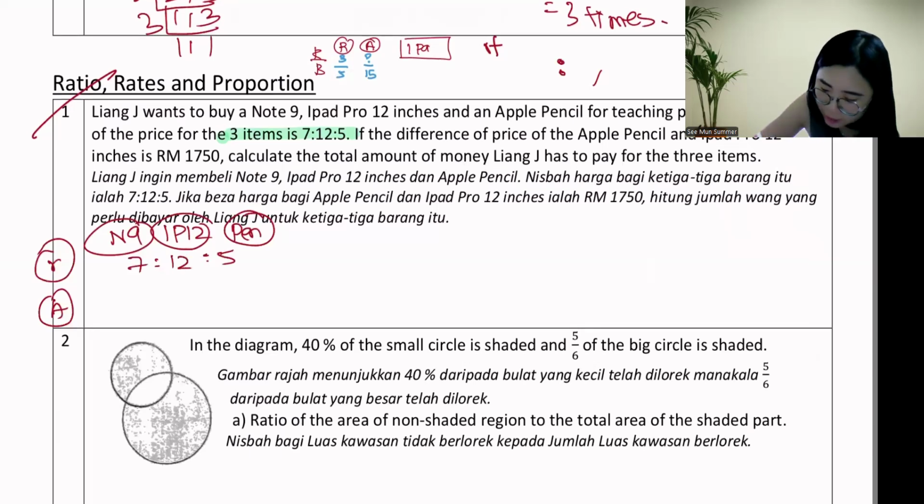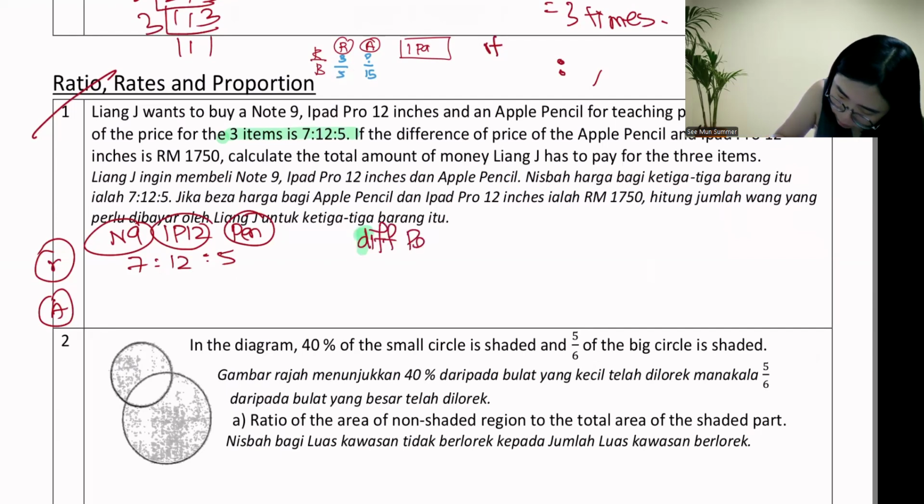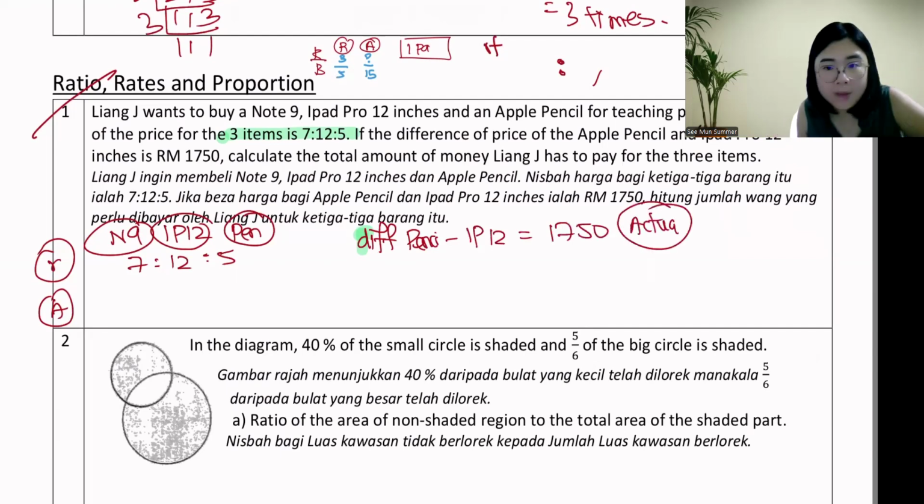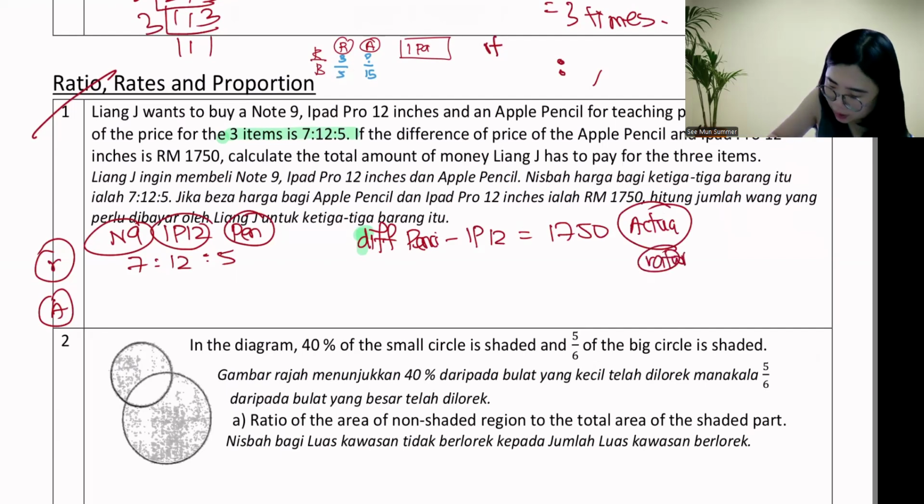It says the difference between the price of the Apple Pencil and the iPad Pro is 1750. So this is actual, correct? Now I compare it to the ratio.